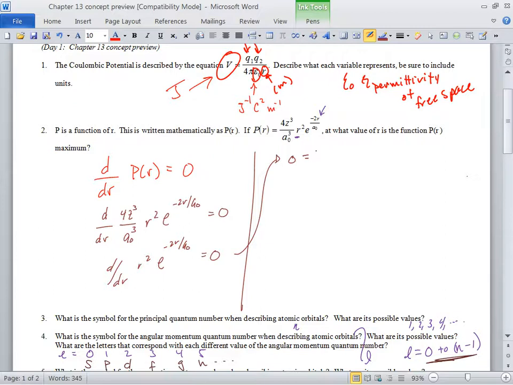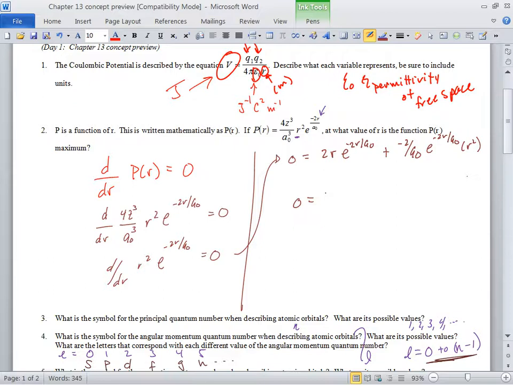The derivative of the first times the second, plus the derivative of the second times the first. Right? So what can I do here?